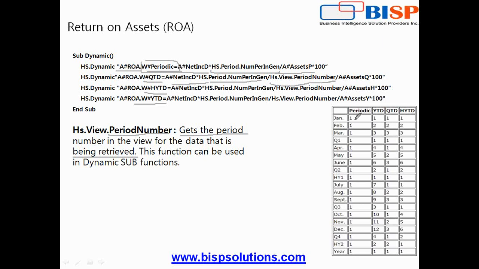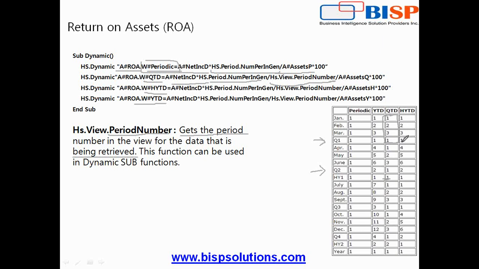In the example given here, if I use periodic, it is always 1, 1, 1. If it is QTD, it calculates for the quarter, so it is 1, 2, 3 for the months in the quarter, and the calculation takes place only within one quarter.